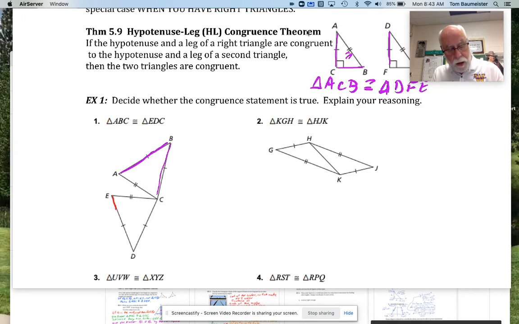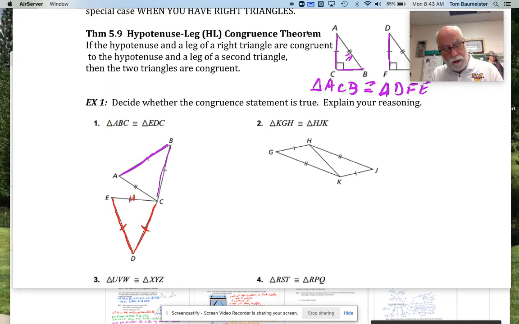If I go through 1 and 1, then we're good. All right, so they are. And I went through one side that was marked the same as this side here, and then I have that side marked, so you can say yes. And on this one, it would be by side-side-side. So now just remember stuff like that, okay?